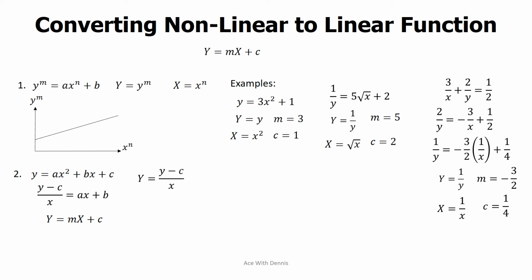The capital Y equals y minus c over x. The gradient m equals a. Capital X equals x. The c equals b. And the x-axis will be x. The y-axis will be y minus c over x. This is the straight line.